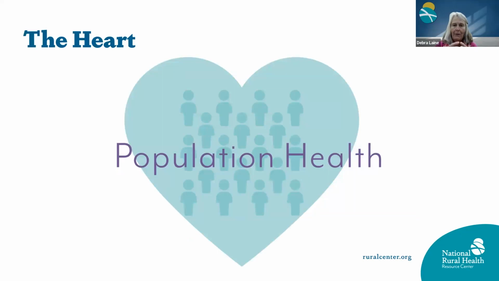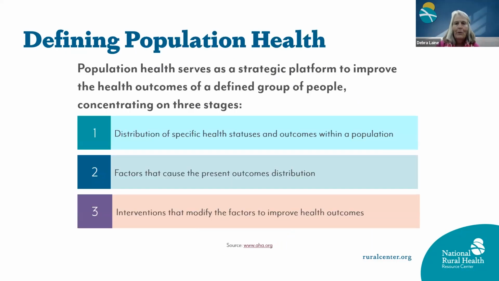At the heart of health is population health. And population health looks beyond the clinical realms that we work in and that we live, breathe, and swim in all the time. Here's the formal definition of population health established by the American Hospital Association.